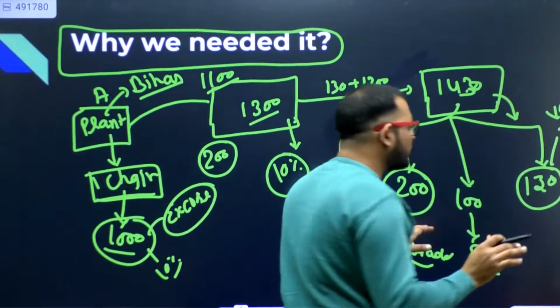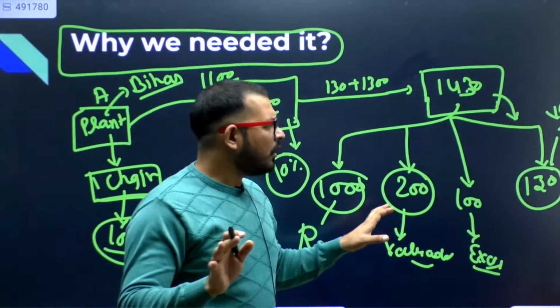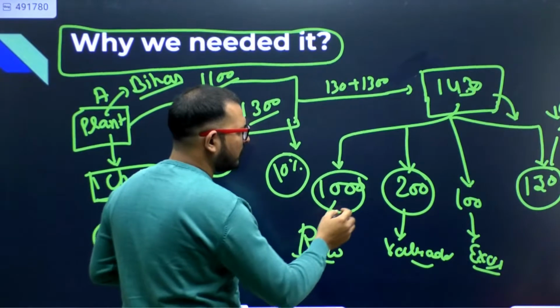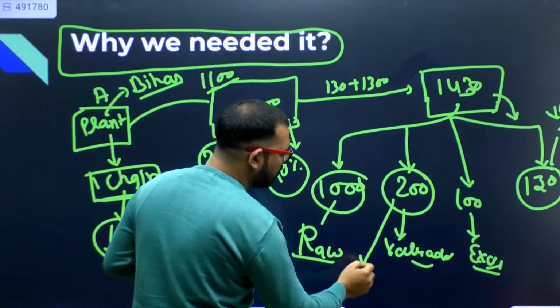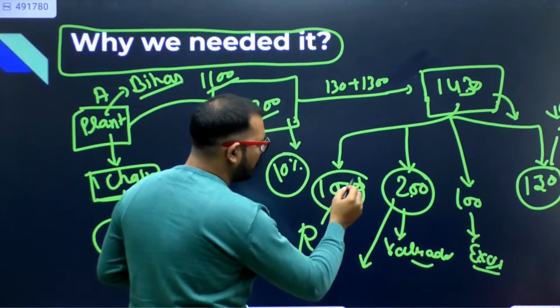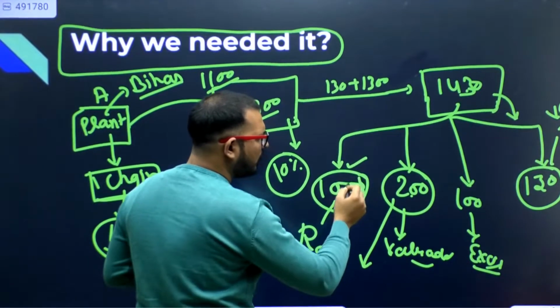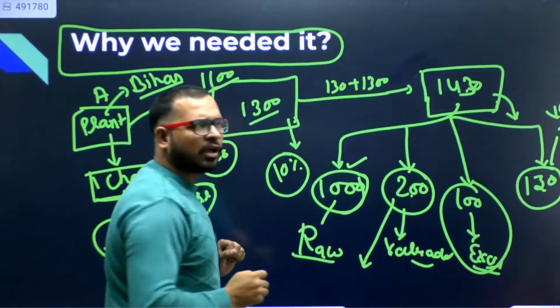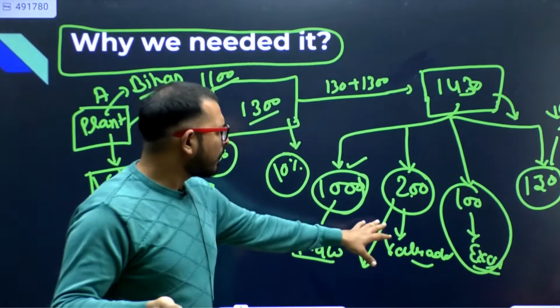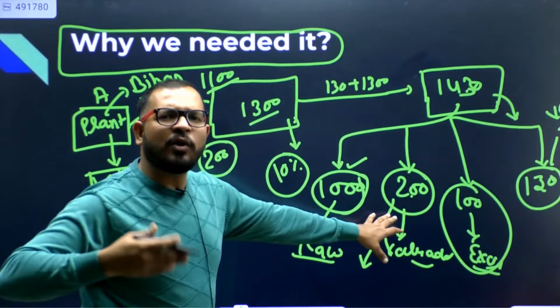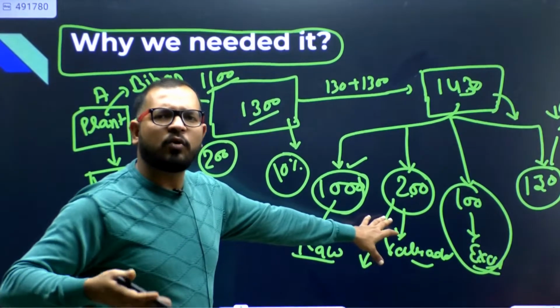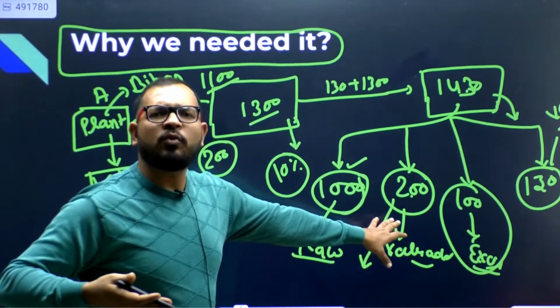But actually the value added tax should be on 200, because on the 1,000 excise duty has already been levied. How much value addition took place here in Noida or in UP? Only 200.